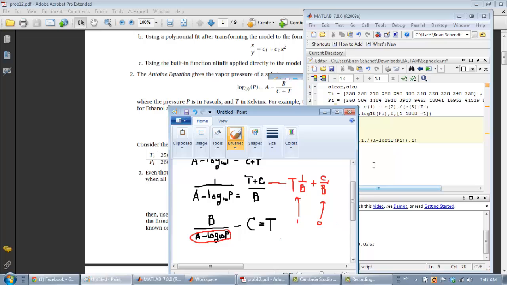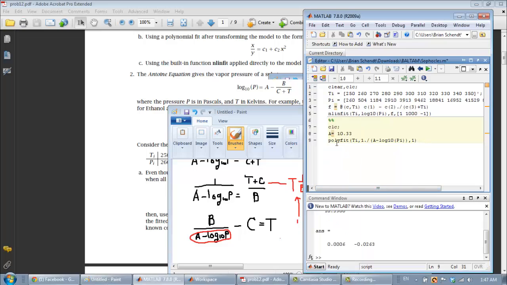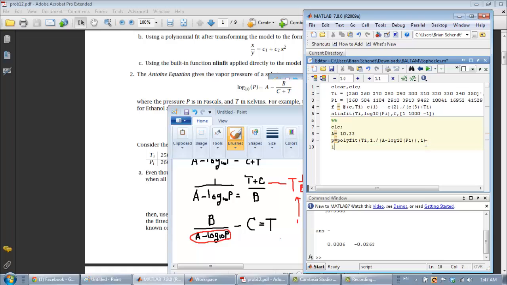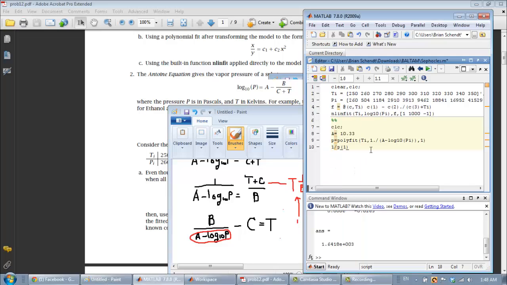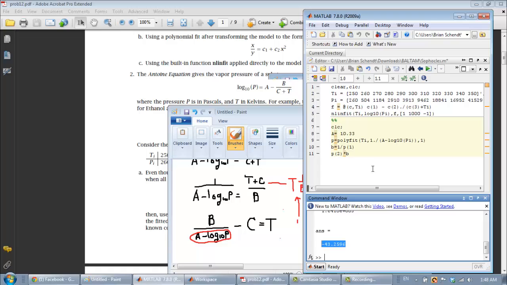The first one is 1 over B. So if we want B, we need to divide that. And there, now we have B. The second term is C over B. So we need to take that first term, and if we want C, multiply by that. And now we have what we want.